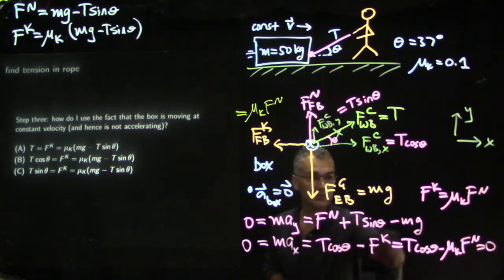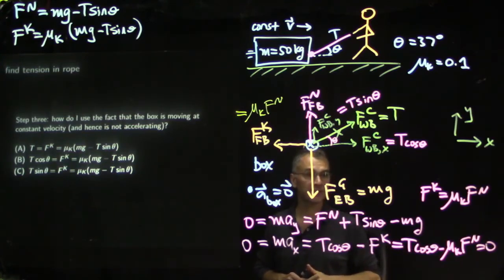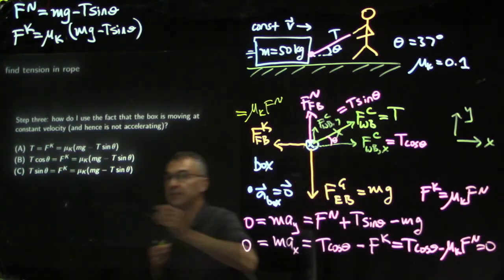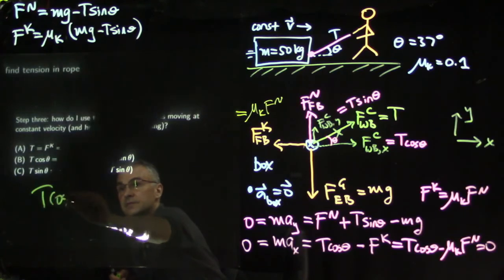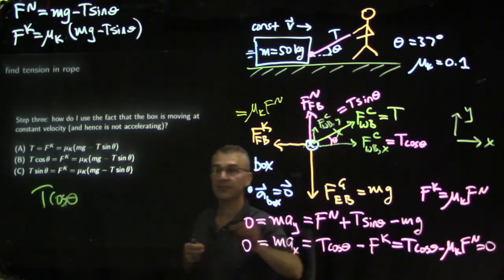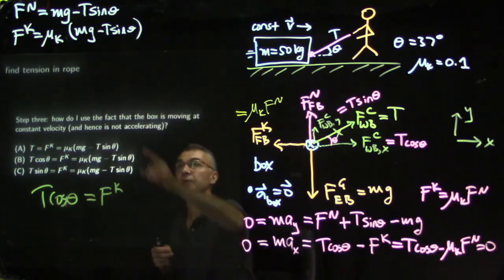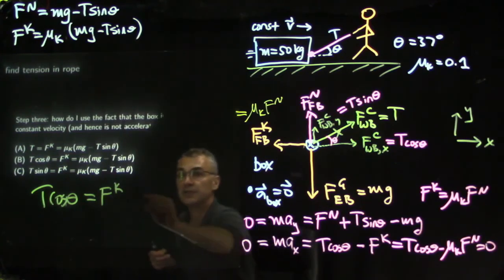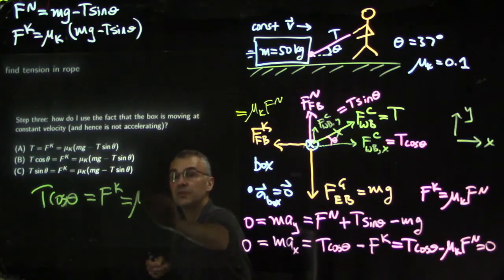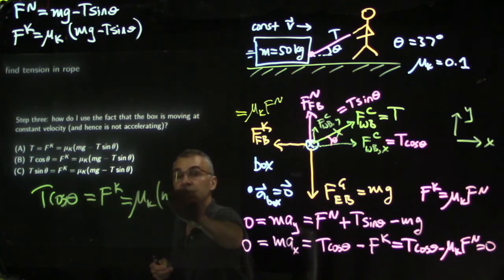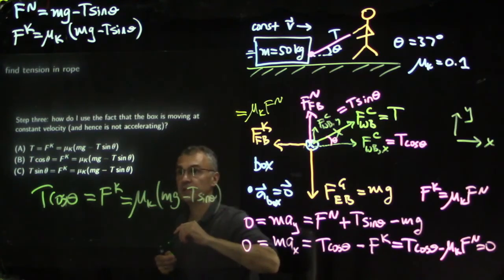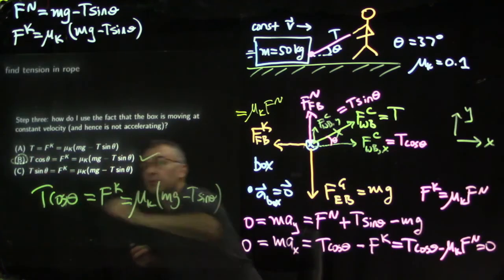Actually, we have it here. See? T cosine theta minus mu kinetic F normal equals 0. T cosine theta, which is the horizontal component of the tension, has to equal the force of kinetic friction, which we wrote down up here. So that is mu kinetic times mg minus T sine theta. So I think it seems to be this one, B, bravo.